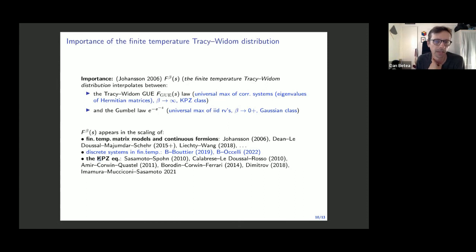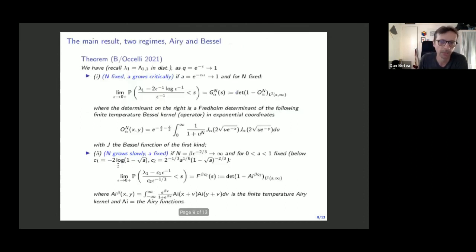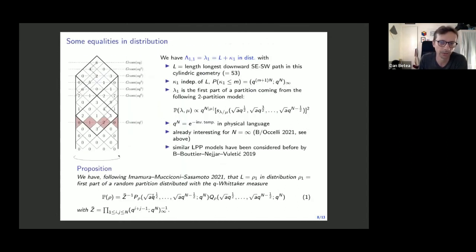It appears in the KPZ equation, the Kardar Parisi Zhang equation, and there are many works on this. And our systems, first with Jeremy Betea, but of which I haven't talked about, and this one with Alessandra Ocelli, actually kind of makes a bridge between these models of random matrix models and the KPZ equation, based on what I told you here.